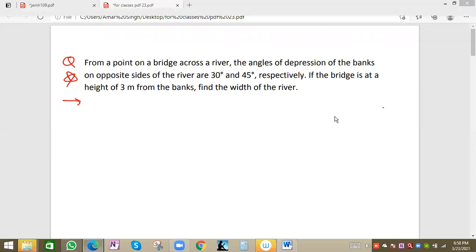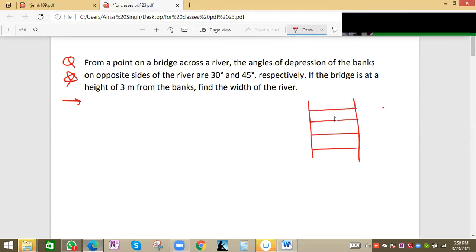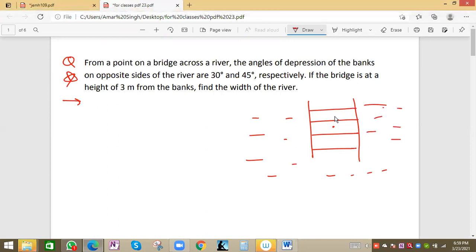See, suppose we have the bridge like this. First, imagination is very much required. This is the bridge, and a point on the bridge can be anywhere on it. This is the river, the river water.